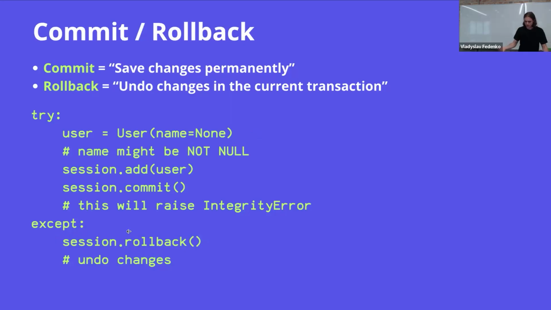Commit saves our changes, rollback undoes all the changes that we did in one session. So sessions are pretty useful because they create boundaries for your operations, and you will not be able to mess up big time.